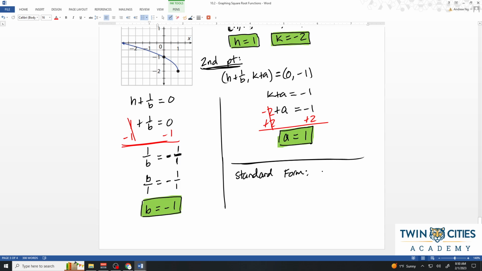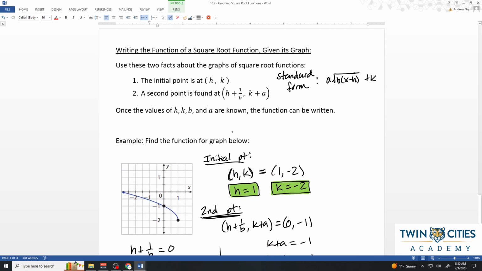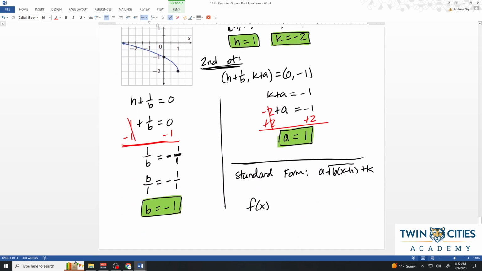This is going to be a square root, b, quantity x minus h, and then plus k at the end. I now know a, b, h, and k from what I've found. Let's go ahead and fill it in. Let's say f of x or g of x. I don't think I was given a name, was it? No. So we'll just call it f.